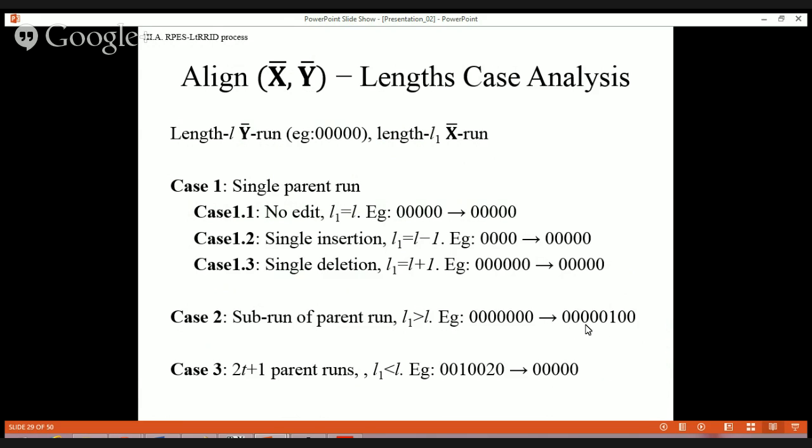The first Y run is a length 5, 0 run, and the insertion creates a length 1 run, which is a single 1, and then this length 2, 0 run is also aligned to the parent run, the length 7, 0 run.